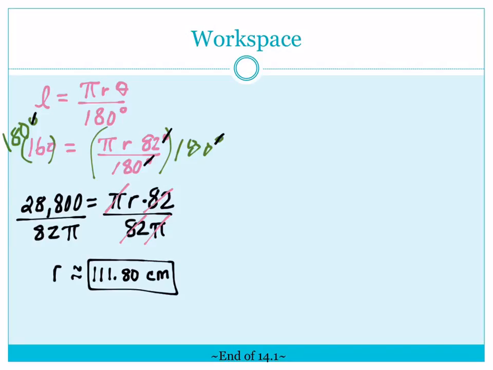It was 111.79656, and so the 6 at the end will round the 79 up to an 80. All right, any questions on that one?